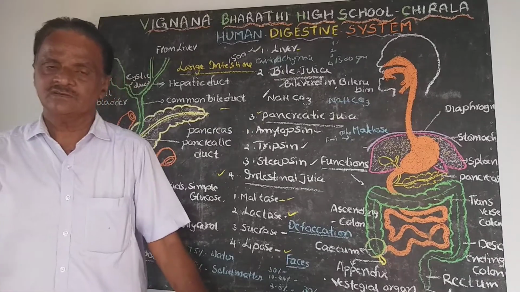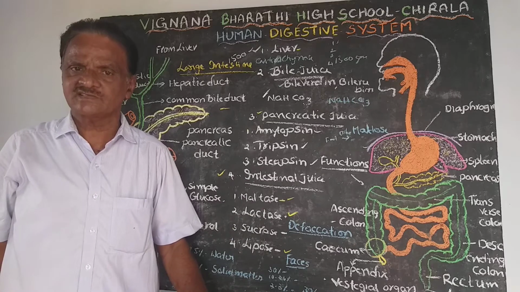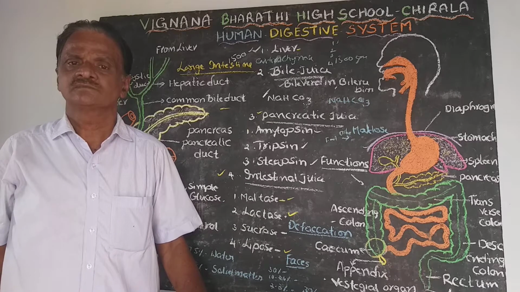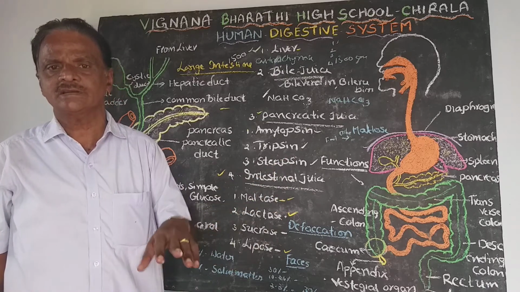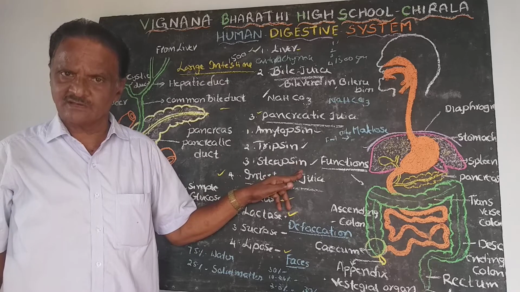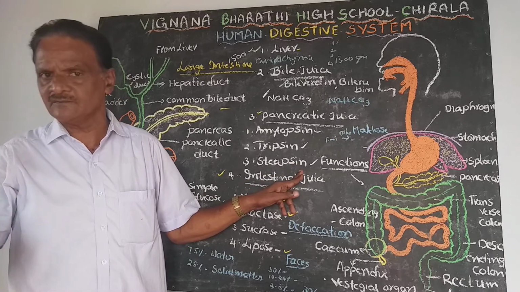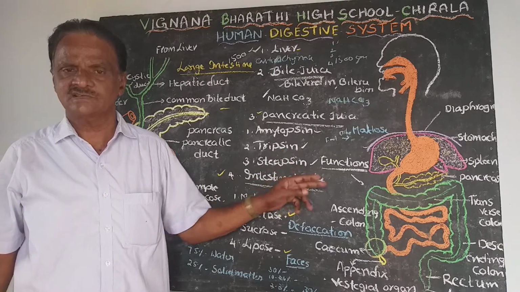The third one is steapsin. Steapsin acts on emulsified fat, converting it into fatty acids and glycerol.